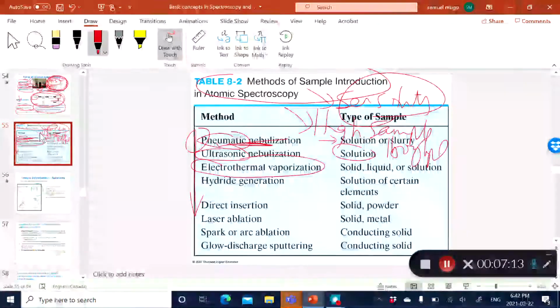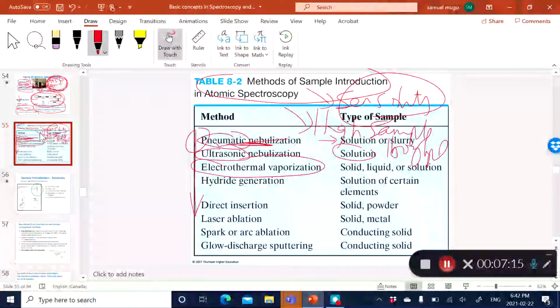And that is where you simply have a very small furnace, very similar to a GC injection port. Then you can introduce your solution, or even a liquid or a solid, when you are using a furnace or electrothermal vaporization technique.